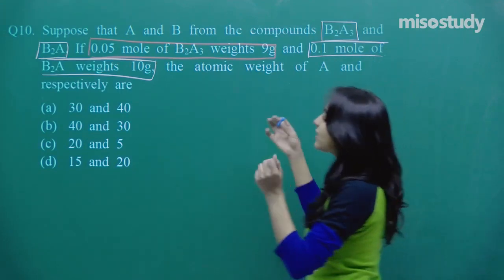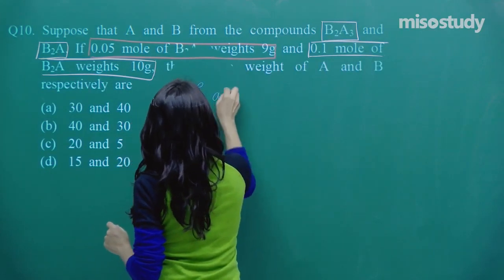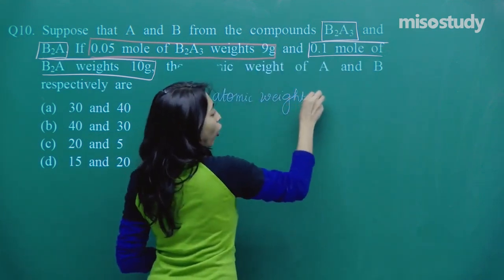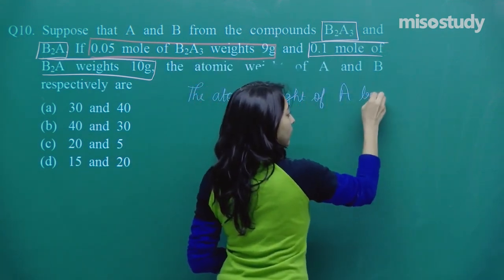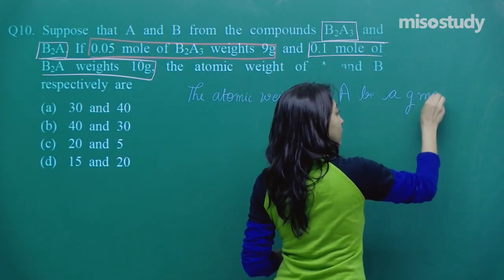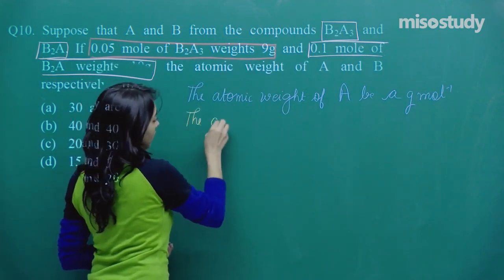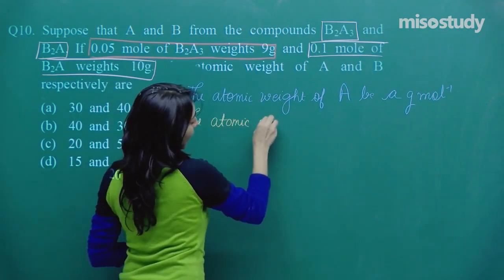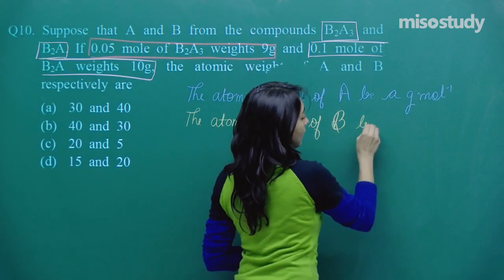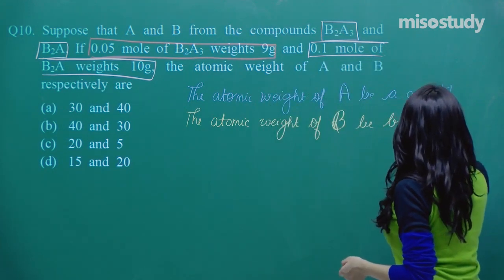Guys, I don't know what to do in the question, let's just assume the atomic weight of A, small a grams per mole. Similarly, let me assume the atomic weight of B, small b grams per mole.